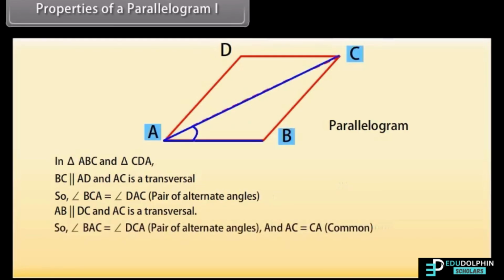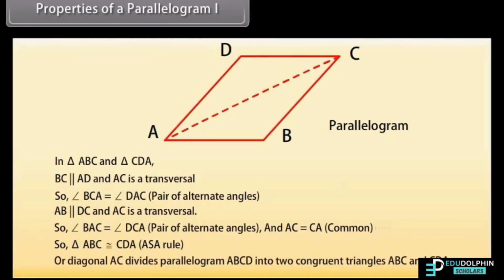So, angle BAC is equal to angle DCA because these are a pair of alternate angles, and AC is equal to CA because this is common in both the triangles. So, by using the ASA rule, triangle ABC is congruent to triangle CDA. Or we can say that diagonal AC divides parallelogram ABCD into two congruent triangles ABC and CDA.